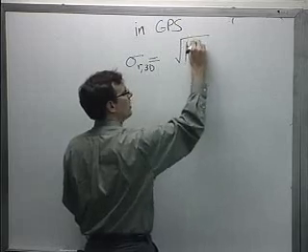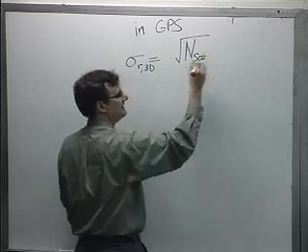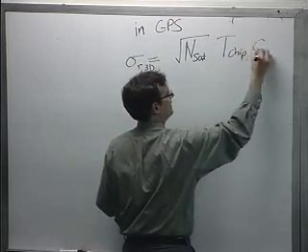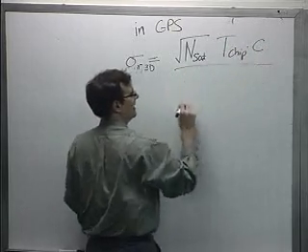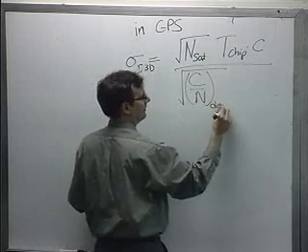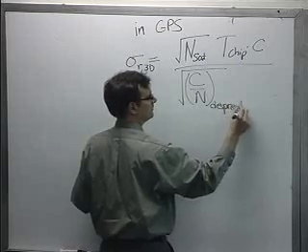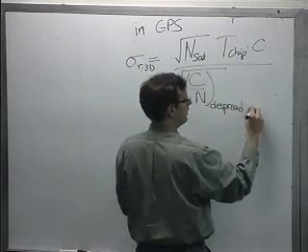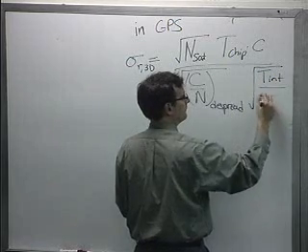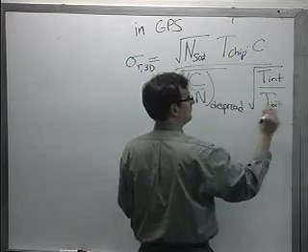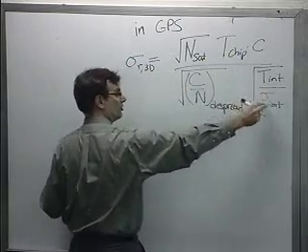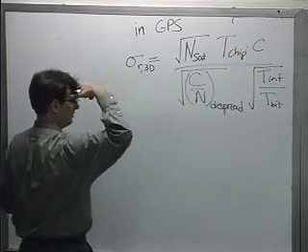In GPS, your 3D formula is going to be the square root of the number of satellites that you use times t-chip times the speed of light, divided by the square root of the carrier to noise density, times the square root of t-int, your averaging interval over your bit period.